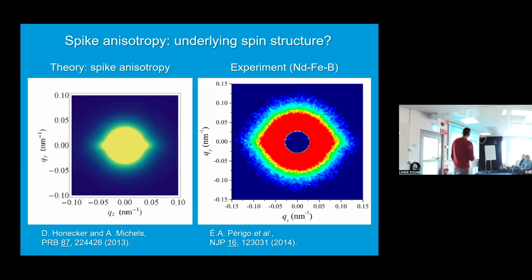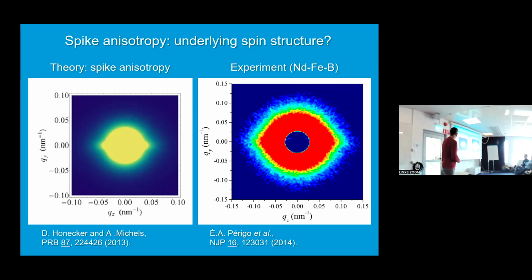Here we observed this angular anisotropy. Along this horizontal direction we see what we call a spike, known as a spike anisotropy. So you have an isotropic part, and then this peculiar feature along the horizontal direction.